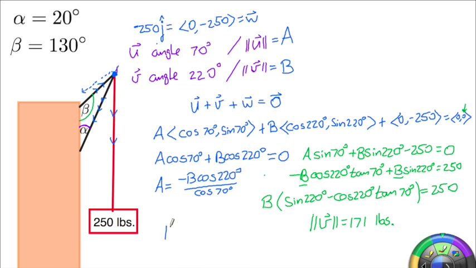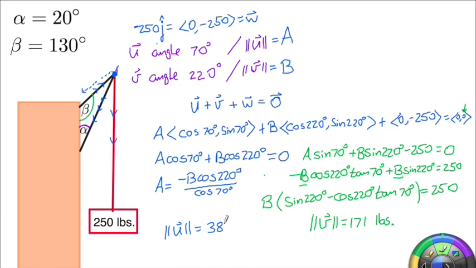By the way, this is going to be the magnitude of u, the other support, the one coming down in this direction. Alright, so b is 171 pounds, so it's going to be negative b cosine of 220, and the parentheses, divided by cosine of 70. For a grand total of 383.